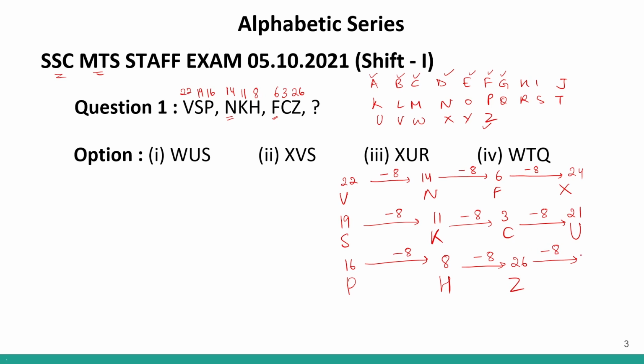So I will get 18. Correct? 18th position is which one? 18th position is R. Therefore, I will get R. So the final letters that I'm getting is X, U and R, which is given in option number 3. Therefore, option number 3 will be your correct answer to this question. Clear?